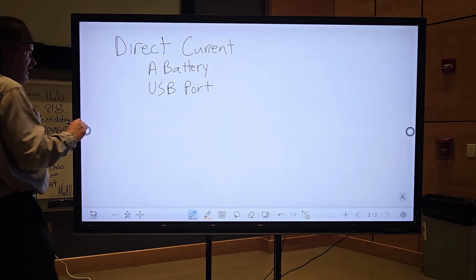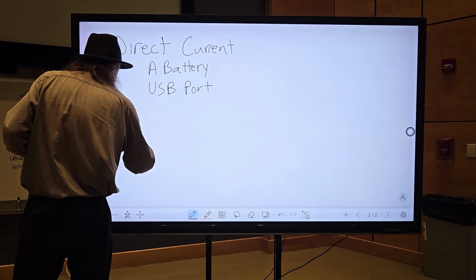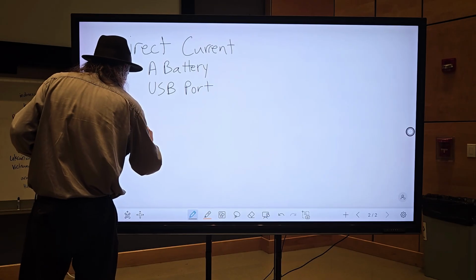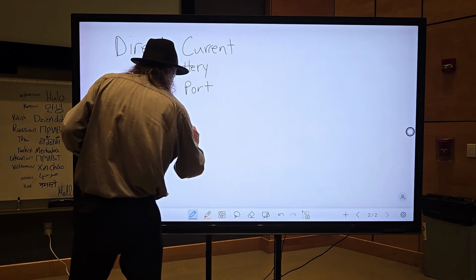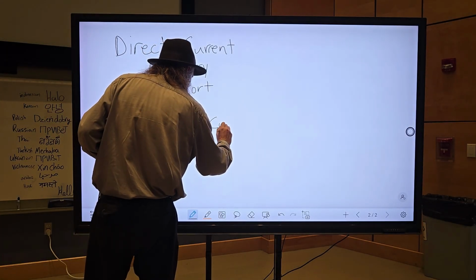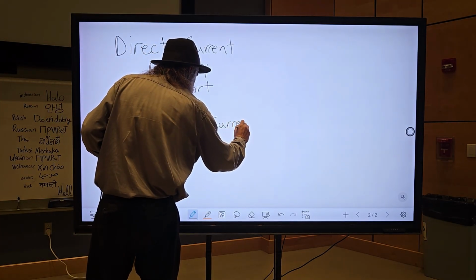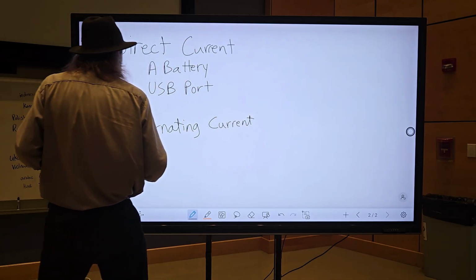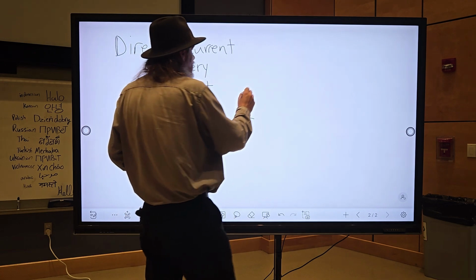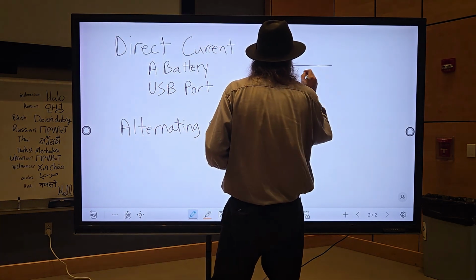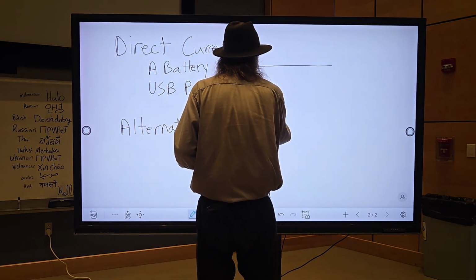The alternate to that is alternating current. Direct current is a solid line relative to ground.